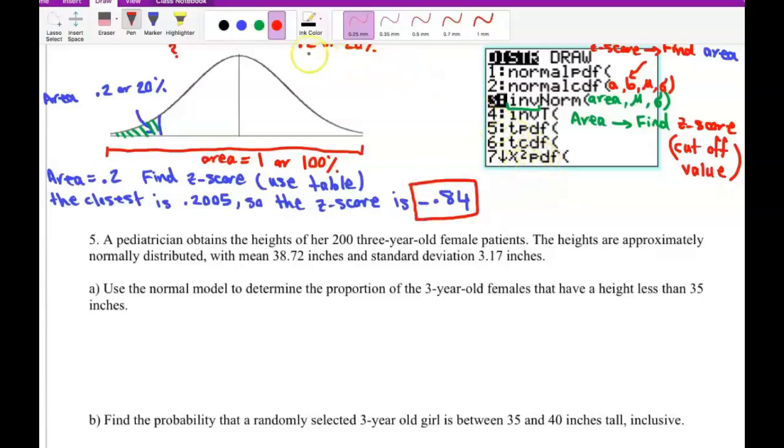Or we can also use inverse norm. So the first part of the setup is area is 0.2, comma, mean is 0, standard deviation 1.